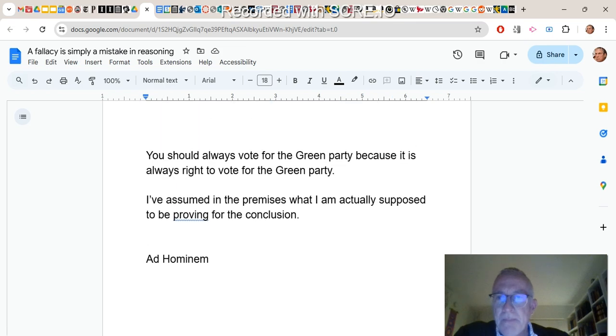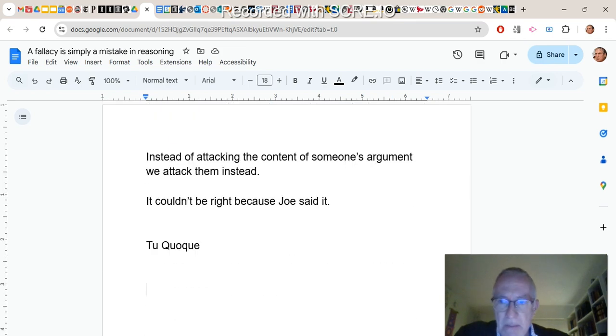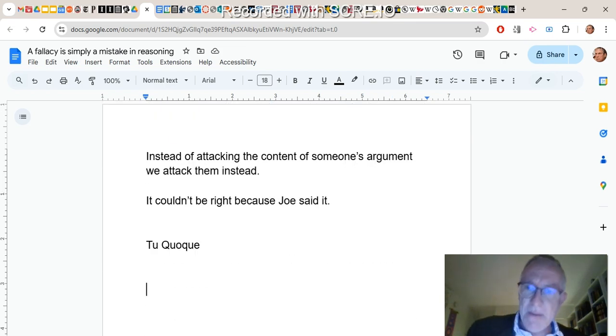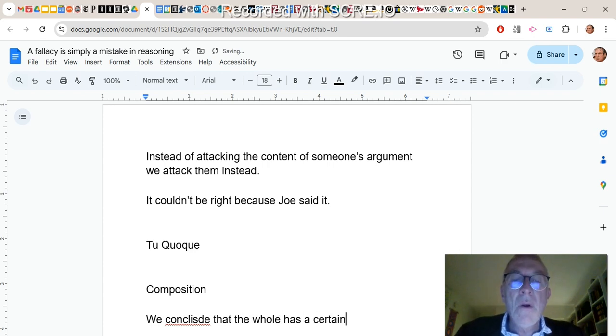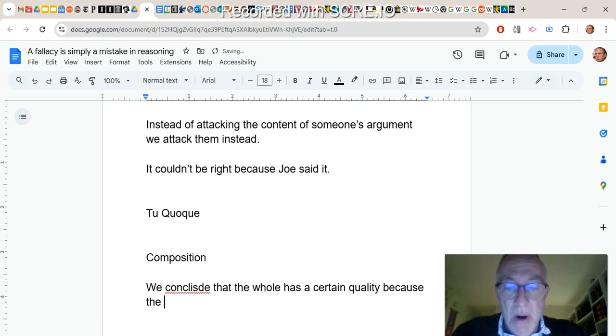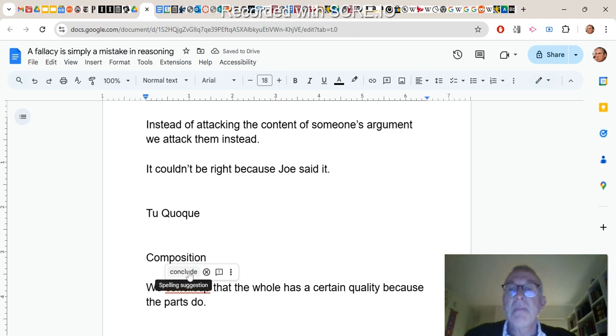The fallacy of composition is a particularly clear one, right? He gives us these examples. Fallacy of composition is where we conclude that the whole has a certain quality because the parts do. He gives us the example of the gymnastics team.